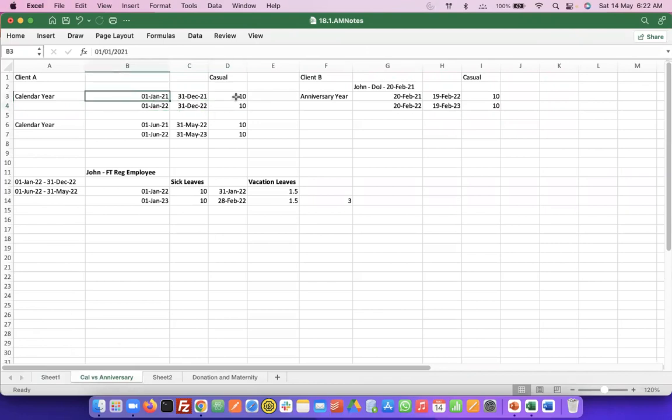On 1st Jan 2021, 10 leaves would have been added, and 1st Jan 2022, 10 leaves would have been added. And some clients might follow a calendar year from June to May or April to March. It doesn't matter which calendar year they follow. On the first date of the calendar year that they follow, the leaves will be credited.